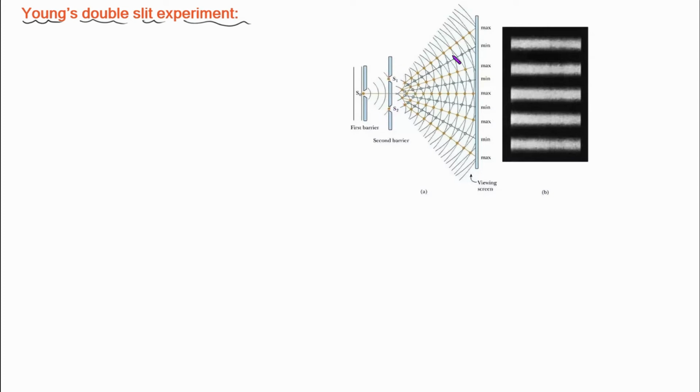As a result, wherever constructive interference takes place, at those points maximum intensity comes, and wherever destructive interference takes place, where two waves out of phase superimpose, minimum intensity comes.